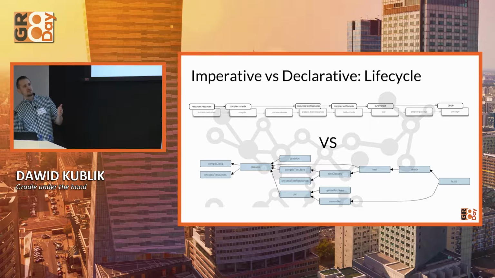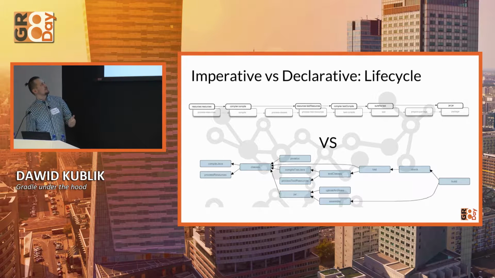In Maven, we have linear phases, and to those phases we have goals attached, and there is a strict order. So Maven assumes that it knows the best way to do things. If you want to change the behavior, it is difficult.